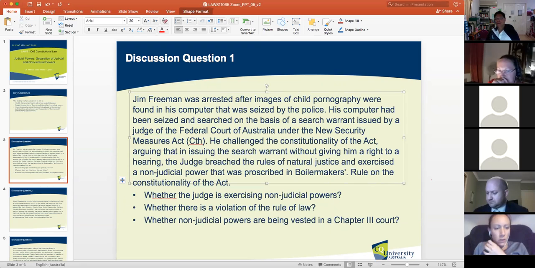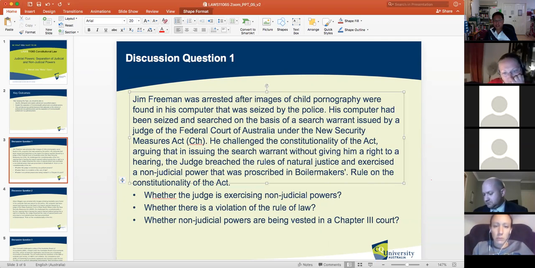That's right. So what we need to remember is that, as pointed out by the High Court in Huddart Parker v Moorhead, judicial power is exercised when there is a matter. Chapter 3 courts can only entertain actions involving a matter. If you look at Section 75, for example, it provides that the High Court has original jurisdiction in these matters.